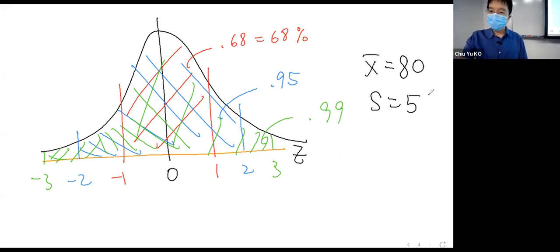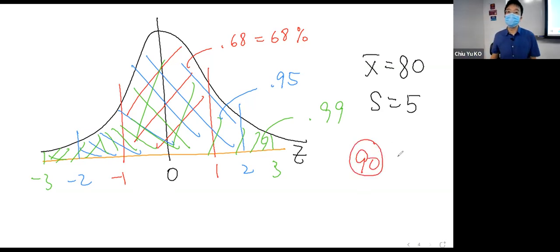And so if you have a score of 90, then you ask yourself how well you're doing. And immediately you know, if you assume it's normal, which is usually the case, you are 2 SD above the mean, right?